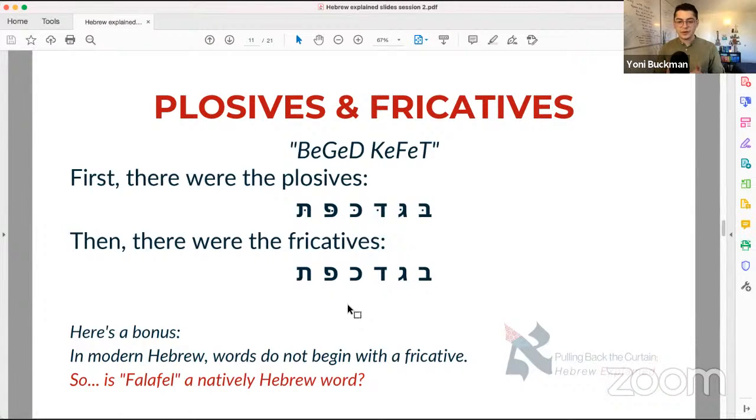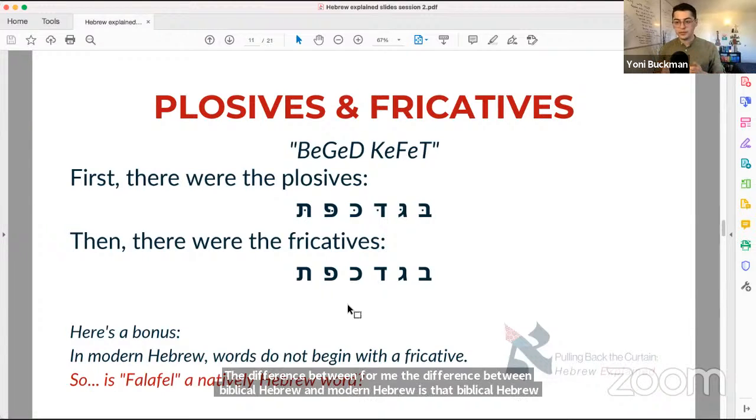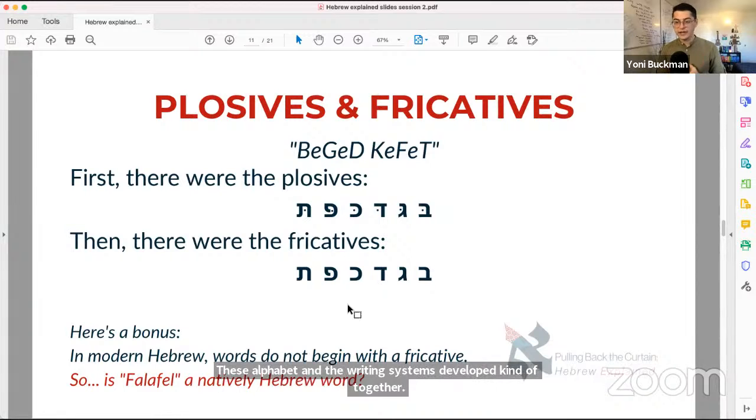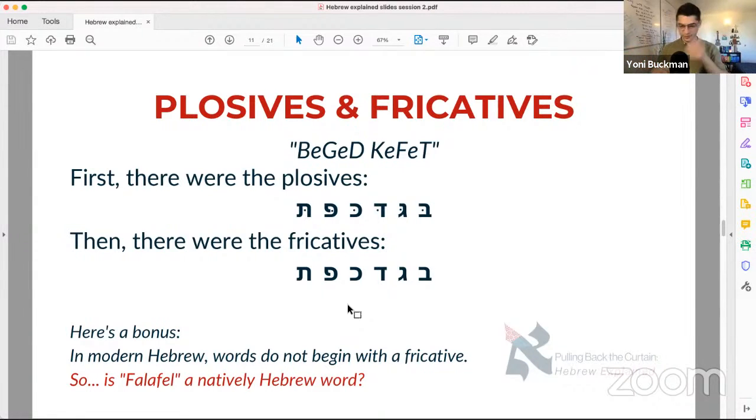And so a lot of the loan words into biblical Hebrew are still pretty similar to what we've got, and you can kind of figure it out. The thing that's very difficult nowadays is that Hebrew now has English words in it, and German words in it, and Russian words in it, and Arabic words in it, and just like all of it.